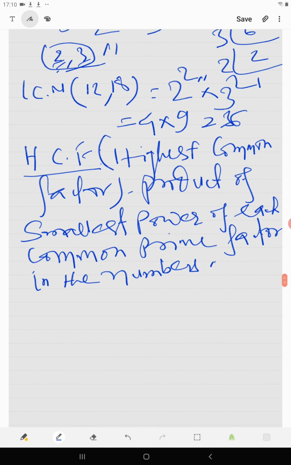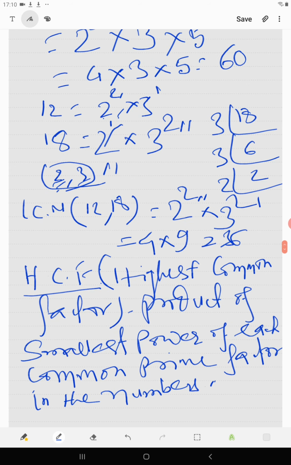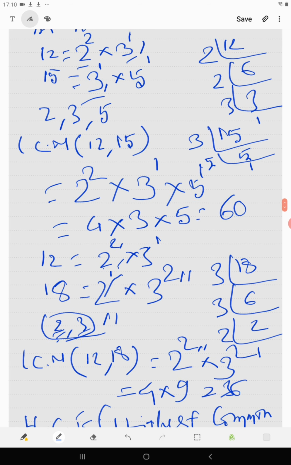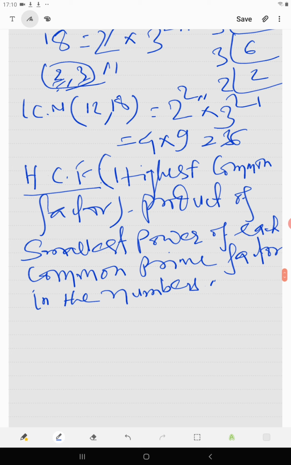Let's take an example. Same example we will take, like 12. So first let's take the first example, 12, 15. Okay. So if you see, 12 can be represented as 2 square into 3, and 15 can be represented as 3 to the power 1 into 5.